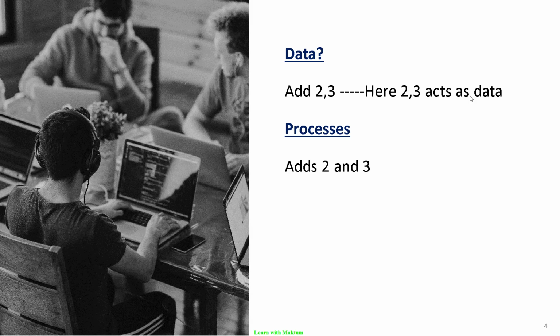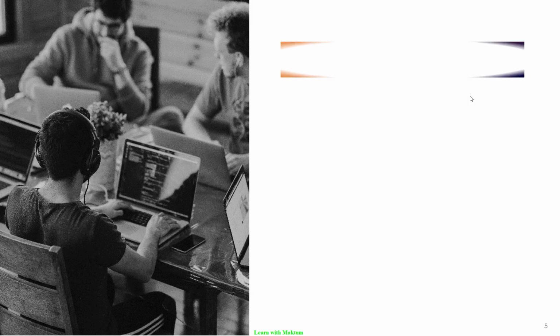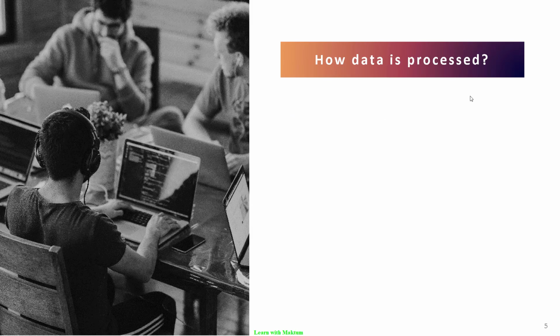That is processing. Then the result can be stored in a place called memory, or the result can be displayed on the monitor. Clear with that?